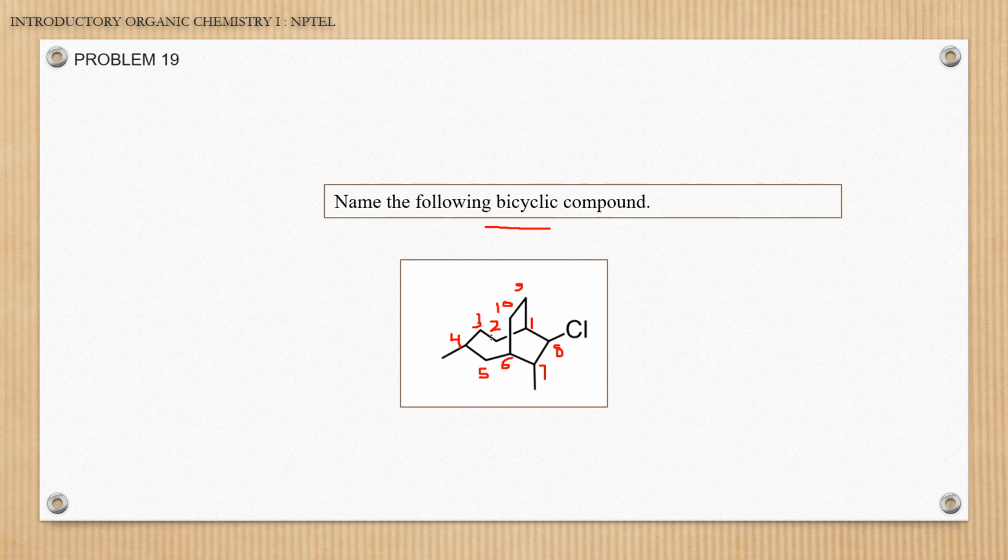You need to start the numbering from this carbon only, because if you start from the other side you get the methyl at 4, but if you start from this one you get the methyl at 3. That is why you need to start from here, but you have to number this ring first of all. This is what I am implying.